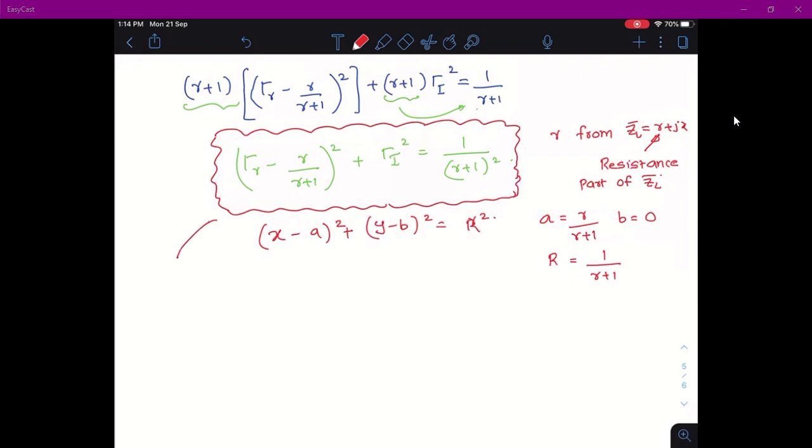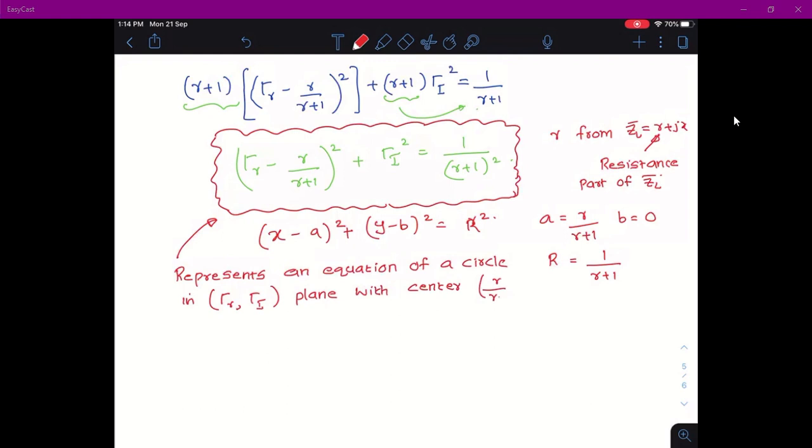So this represents an equation of a circle in the tau r tau I plane with center r by r plus 1 comma 0 and radius 1 by r plus 1.